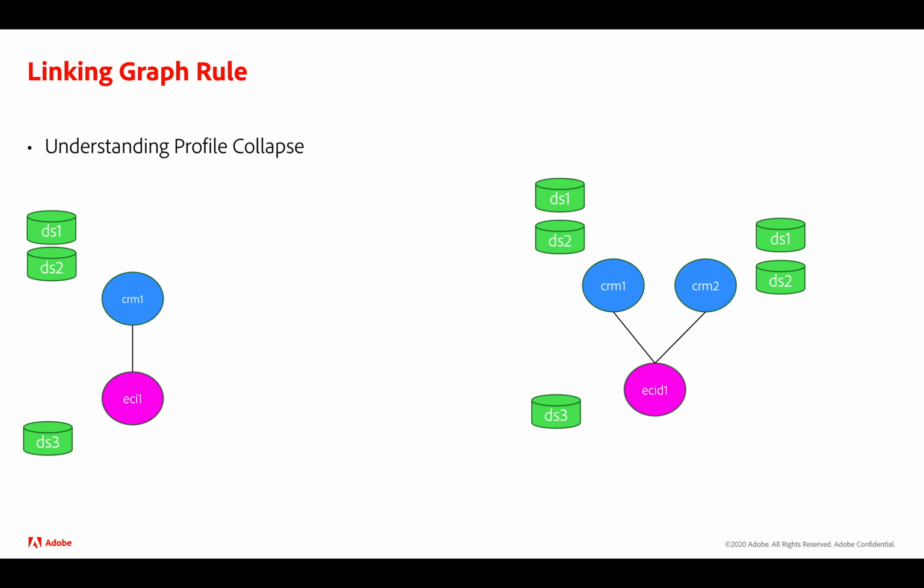Events are less of a problem. It's still a problem because you're going to have an event done by the user defined by CRM2 attached to the event data of CRM1, and this is going to merge the different attributes together for the profile, but for the events, they are going to live together.